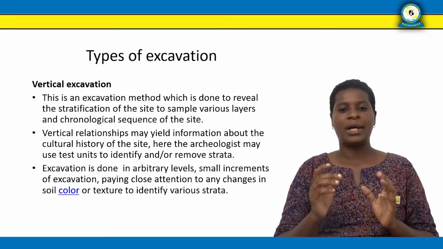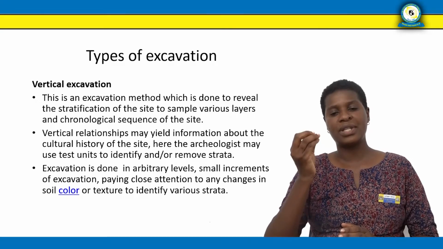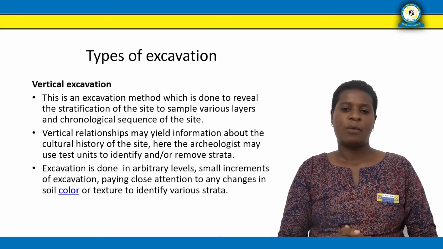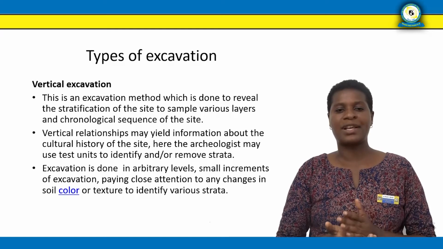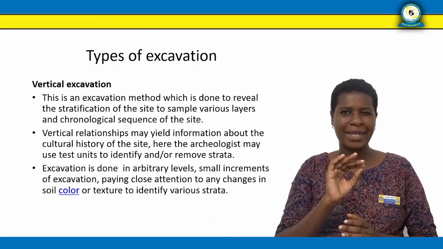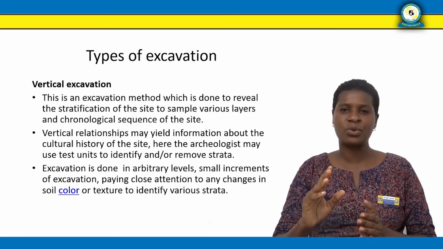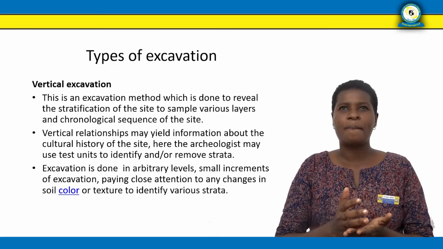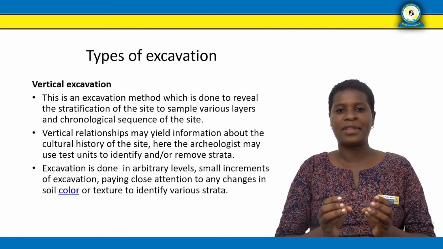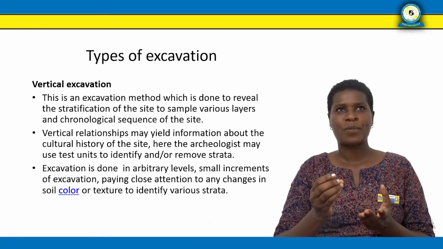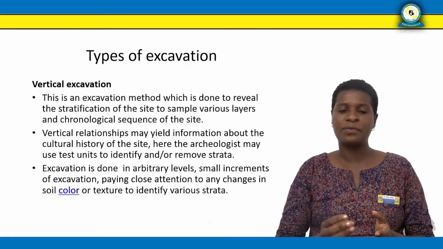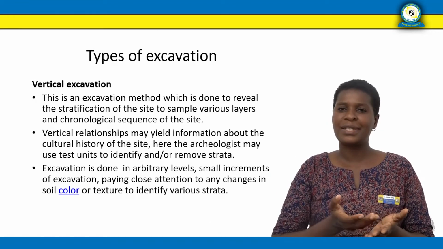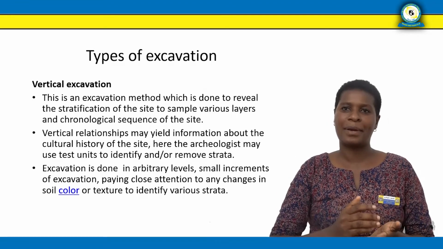So excavation is done by using arbitrary levels with small increments of excavation, which is done very carefully, so that you can't break the materials, like there are delicate materials like bones. If you don't do a systematic excavation, you can just break them up.